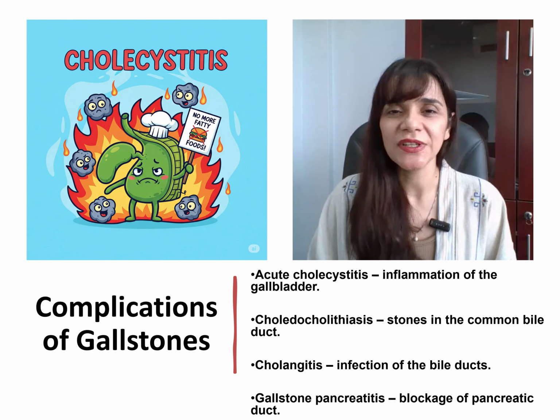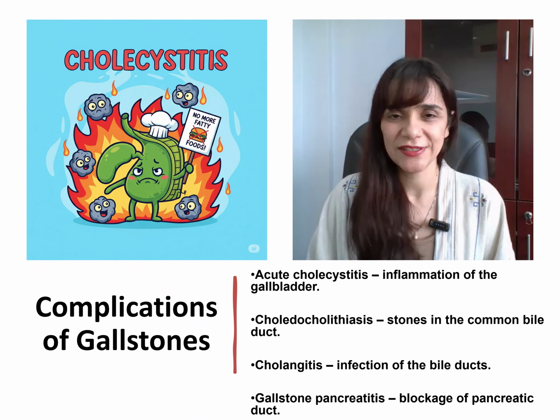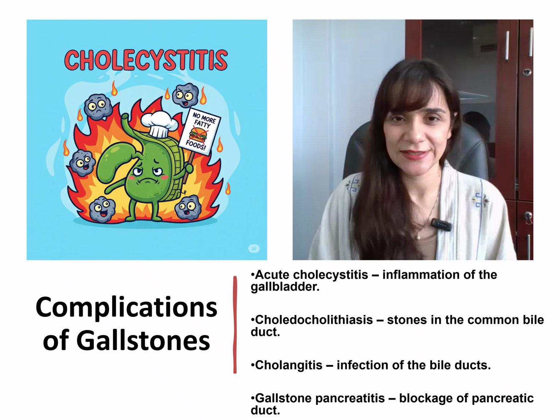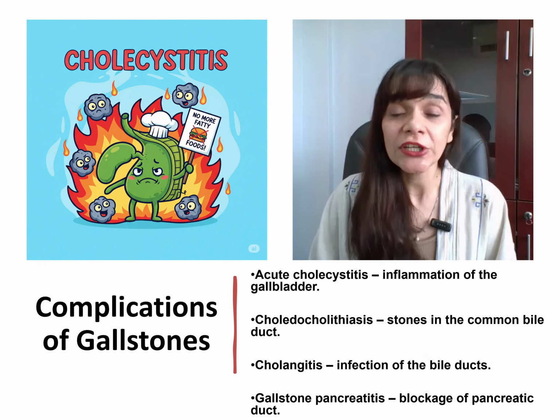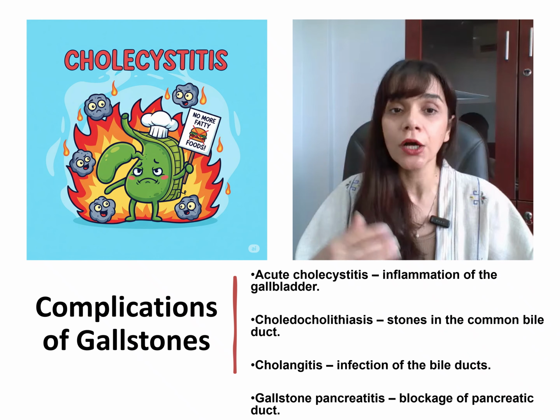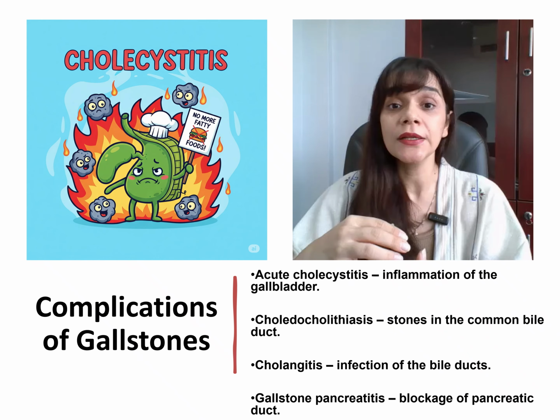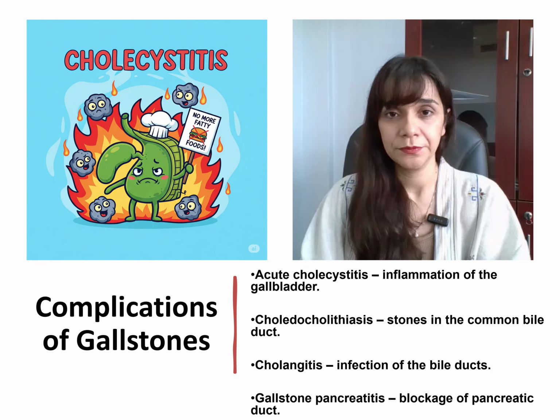Gallstones can sometimes lead to a variety of complications. The most common is acute cholecystitis, an inflammation of the gallbladder often caused by persistent blockage and bile buildup in the gallbladder.